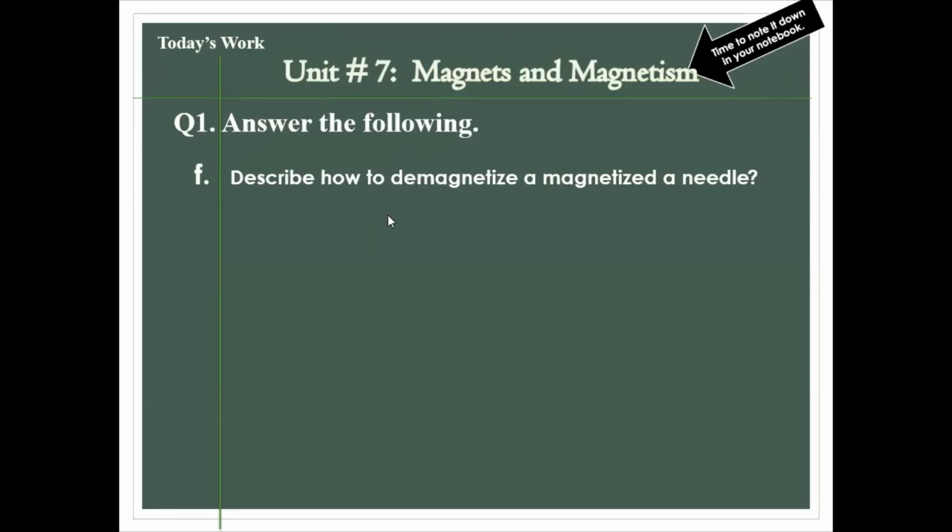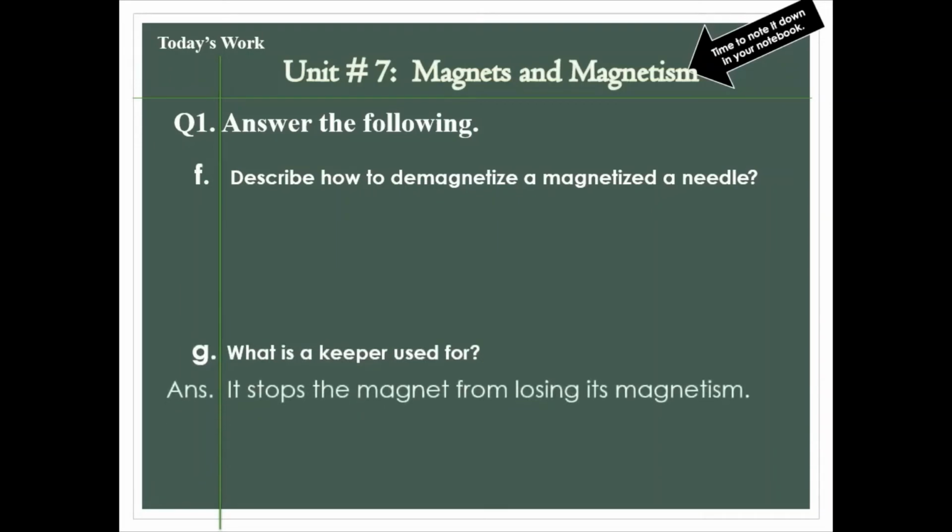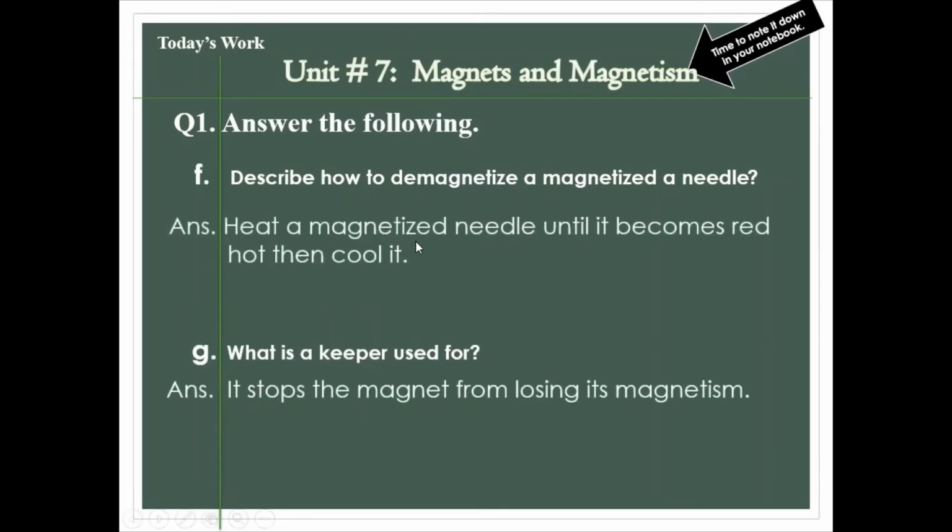As we discussed in unit number 7, page number 62, we can remove it by heating a magnetized needle, by stroking it, or by mishandling. So we write: heat a magnetized needle until it becomes red hot, then cool it. The needle which was magnetized becomes non-magnetic.